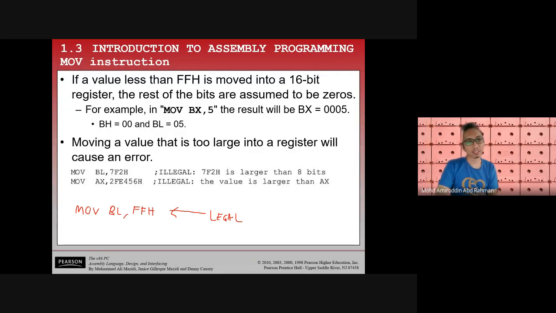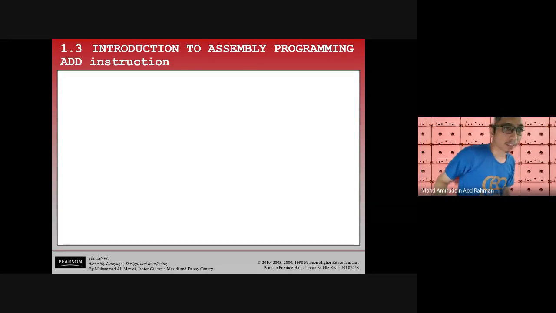To make it legal, you must ensure that it is only 16 bits. One way is to remove two digits from it, and then this will be legal. That's one way to make the statement legal. Do you get it?